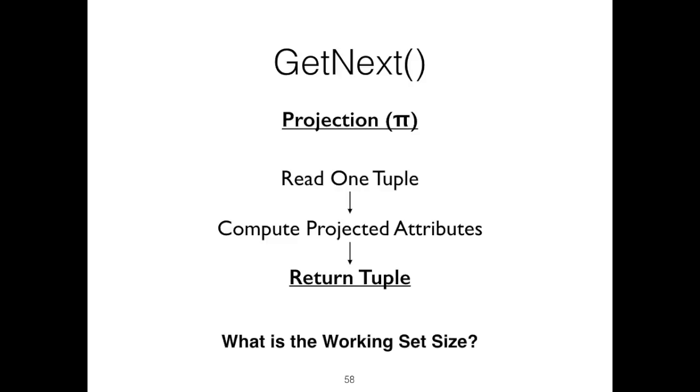What's my working set size here? How many tuples? I only ever need the one tuple that I read in and the one tuple that I am producing as output. Again, tiny working set size. It's great.